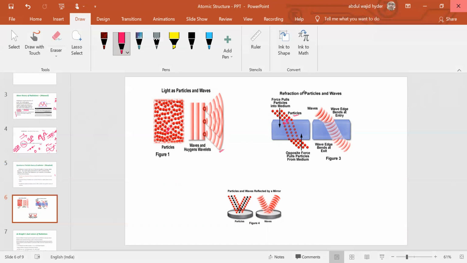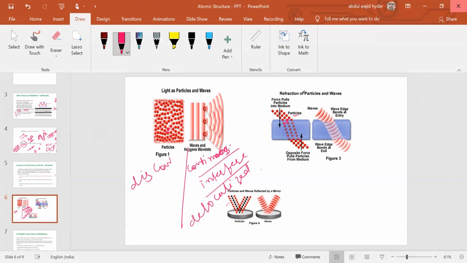Waves are continuous. Waves can interfere, and waves are delocalized. While in particles, what will we write? Discontinuous.